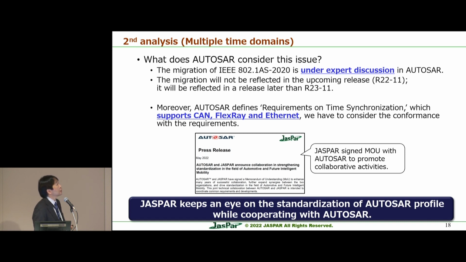So the migration will not be reflected in the upcoming release, and it will be reflected in a release later than the release 23-11. So JASPAR keeps an eye on the standardization of author profile while cooperating with author.